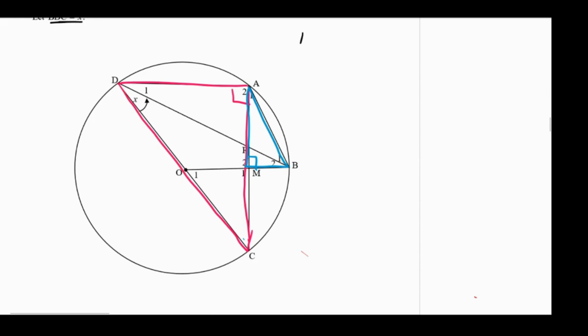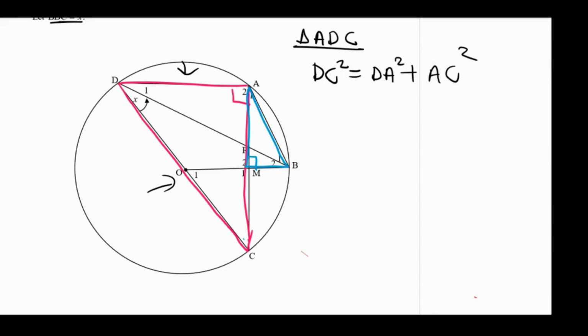So if you look at the triangle that is pink, hopefully that is the color, triangle ADC, this triangle here, if you were to write it in Pythagoras theorem, remembering that this is the hypotenuse, it's going to be DC squared is equal to DA squared plus AC squared, right?